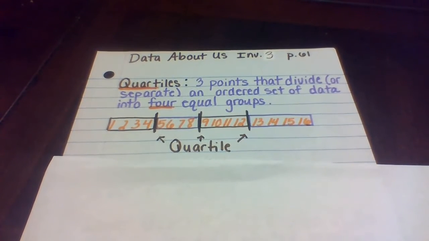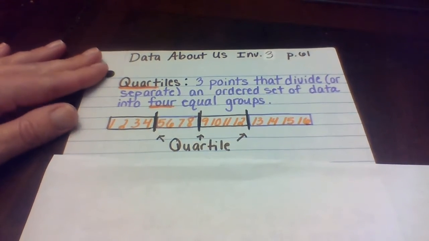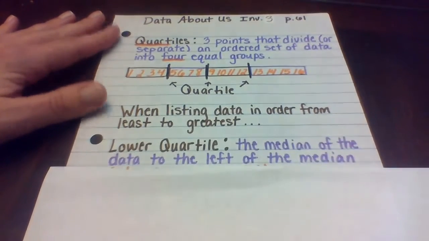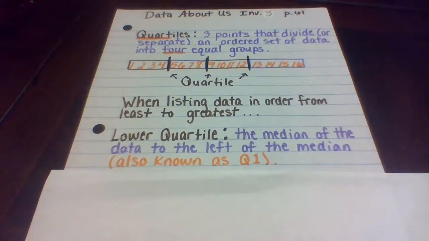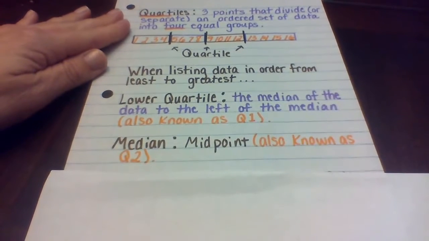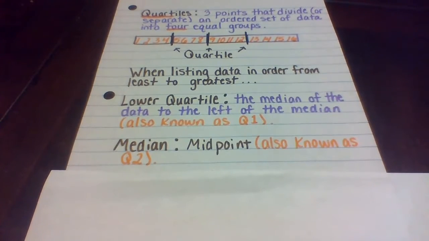Now, each one of those quartiles has a specific definition. For example, when I'm listing the data in order from least to greatest, the lower quartile is the median of the data to the left of the median, which is also known as quartile 1. The median, we know, is the midpoint, the middle, which is also known as quartile 2.